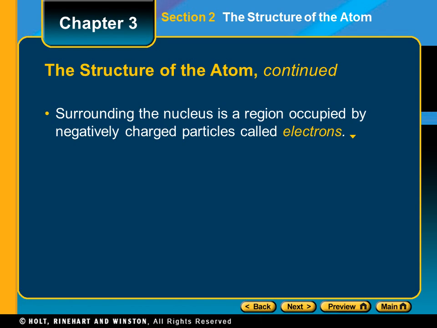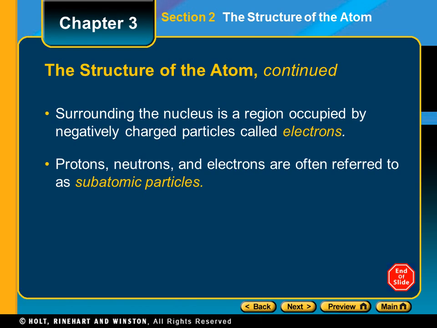These electrons can be thought of as being in orbits. That was an older way of thinking of it. Now we think of them as in energy shells, but the electrons are negatively charged particles. So you've got protons, P, positive charged, you've got neutrons, N, neutral, and you've got electrons being negative.